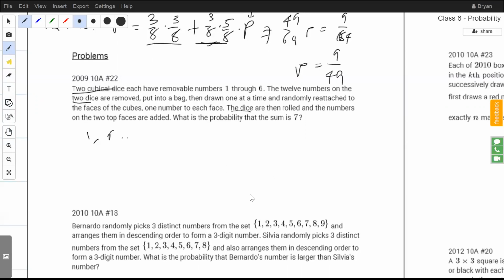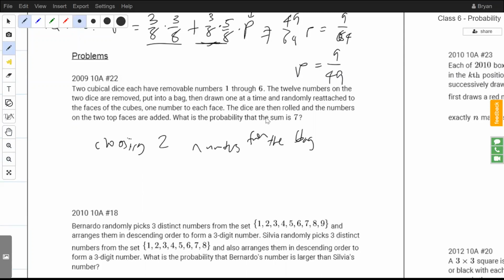I'm going to claim that the process in this problem, where you randomly reattach and then roll, is equivalent to just choosing two numbers from the bag.